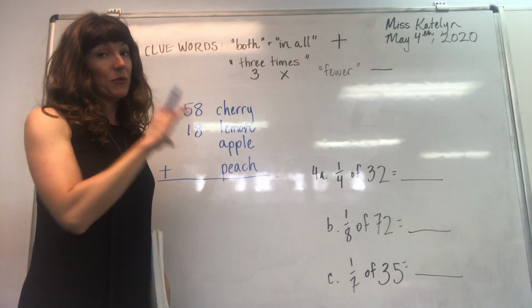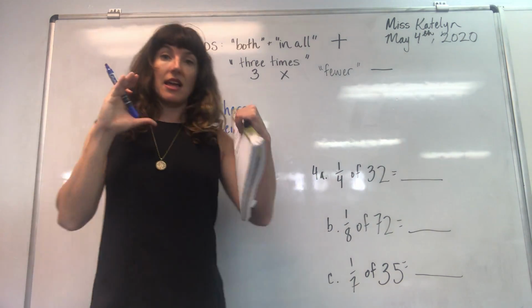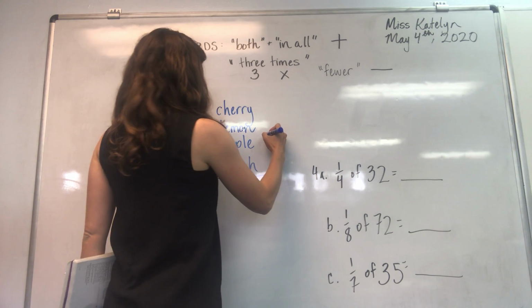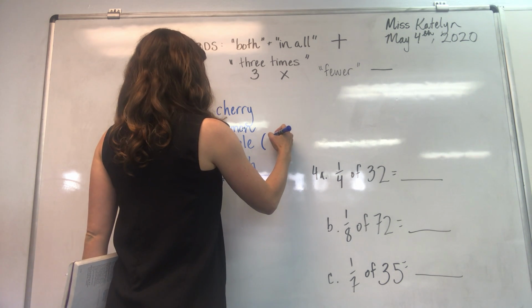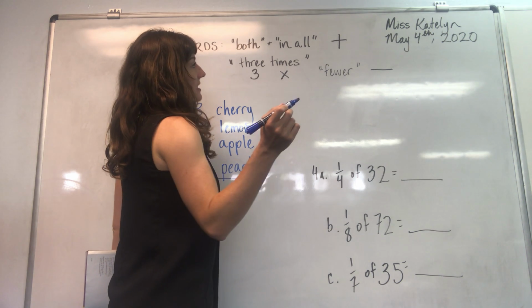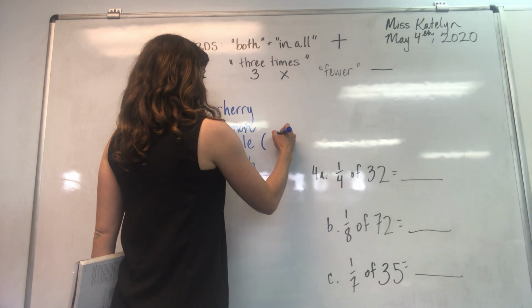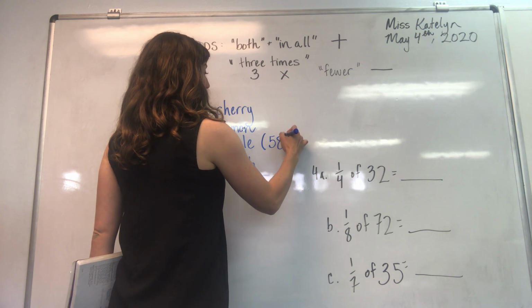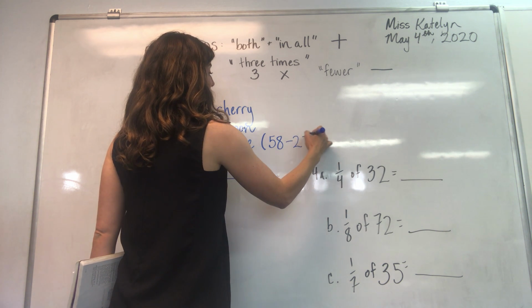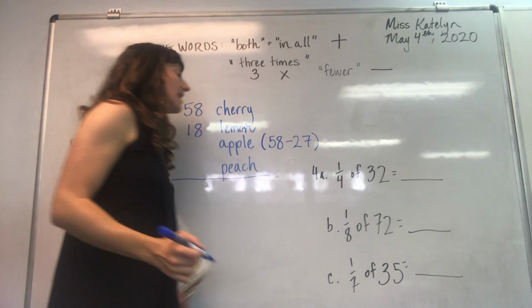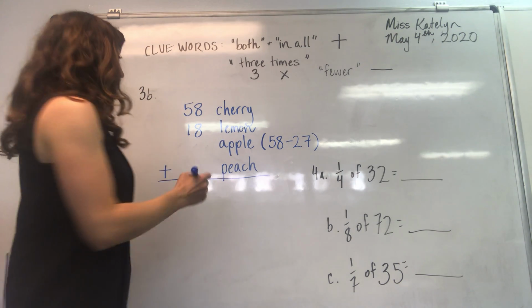So that means that we have to have a parentheses. So next to apple, they say 27 fewer apple than cherry. So that means cherry minus 27, and then 32 peach.